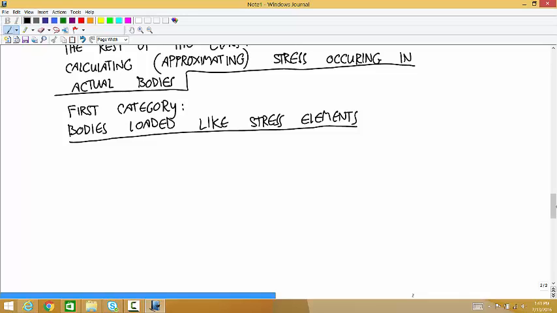And so, for example, say you have a rectangular body like this.